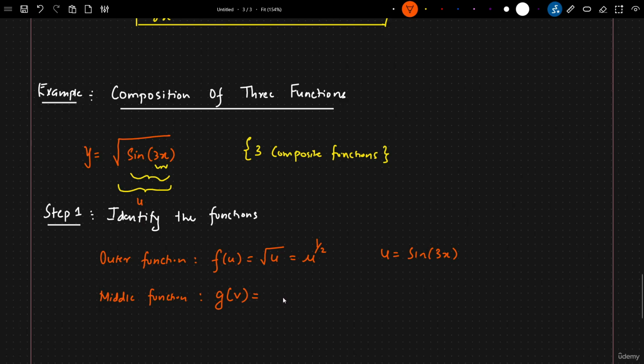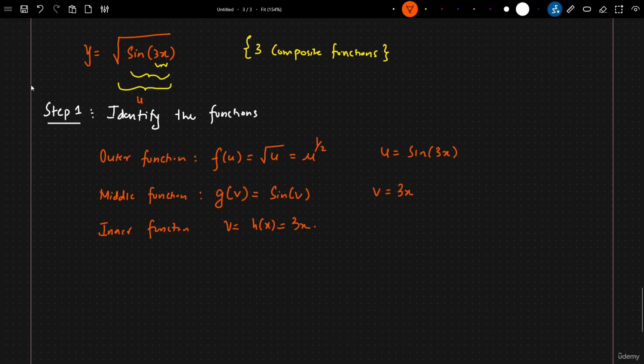Now g of v will be sine v, and here v will be equal to 3x. Then your inner function, because we can also specify this v is equal to, I will specify with this function, which is h of x, which is equal to 3x.